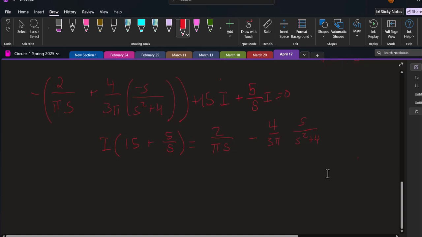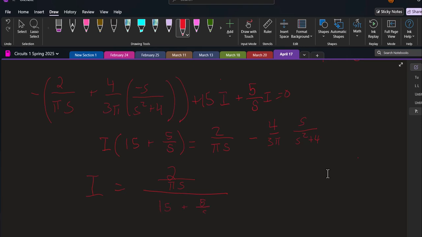We are. All right, so then this I will equal 2 over pi s over 15 plus 5 over s minus 4 over 3 pi s over s squared plus 4 times 15 plus 5 over s.